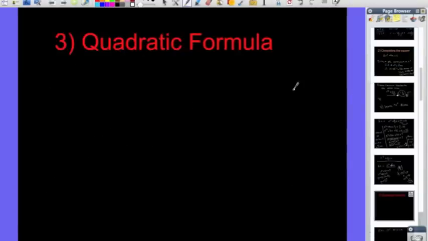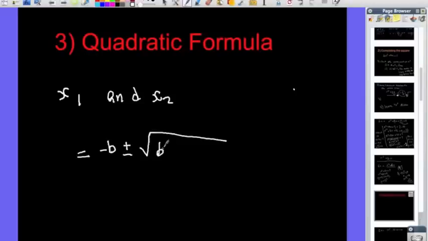Okay, so now let's move on to the quadratic formula, the third way of solving a quadratic equation. Here we know that x1 and x2 are given by a formula: negative b plus or minus the root of b squared minus 4ac, divided by 2a.